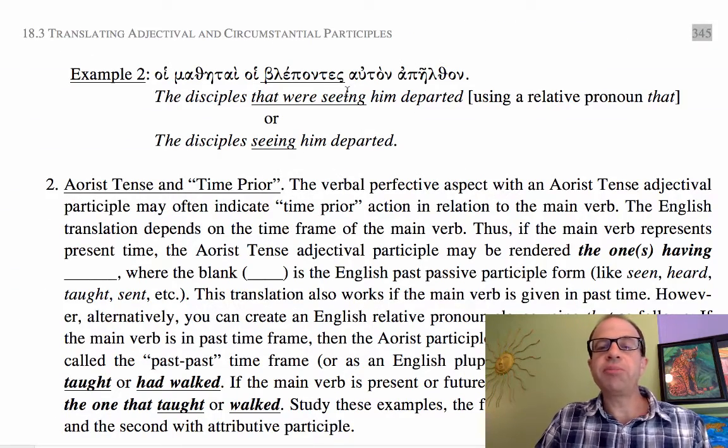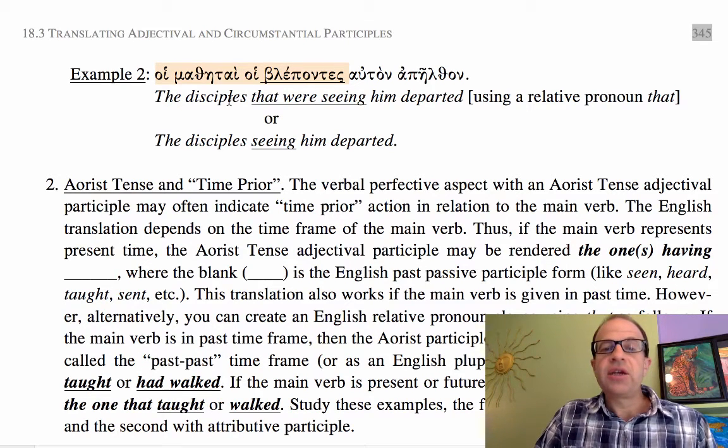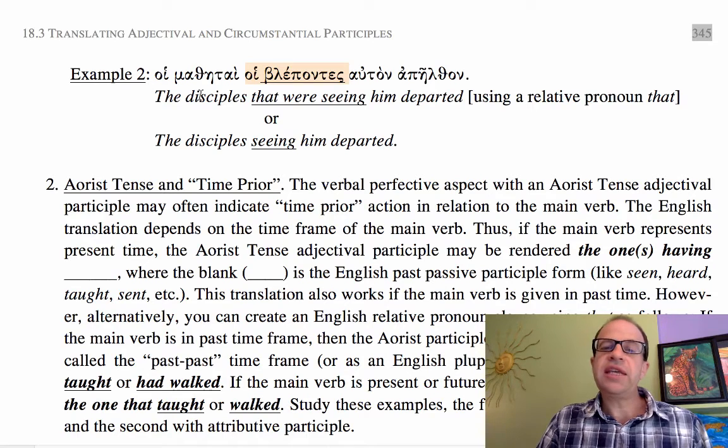So here we have an example where you have an attributive participle. You have hoi mathētai hoi blepontes. And the blepontes is functioning adjectively, seeing, it means seeing, and it refers to the disciples that see, that are seeing. Well, it's a present tense participle, and it tends to be time simultaneous.